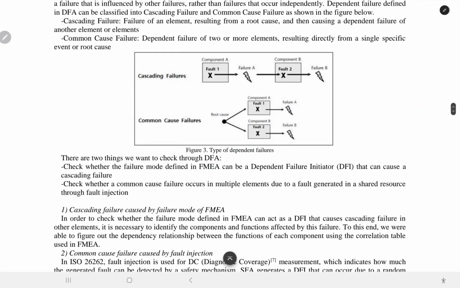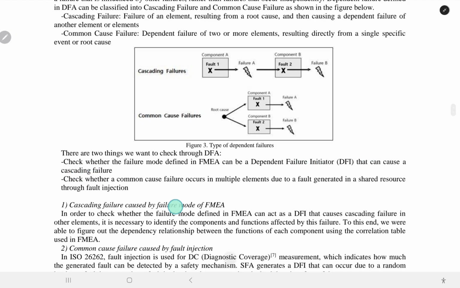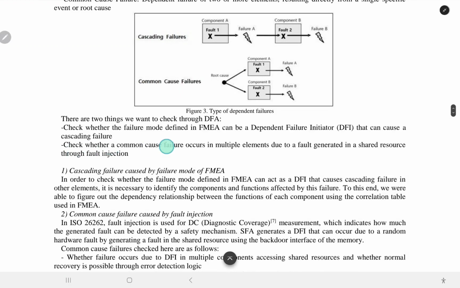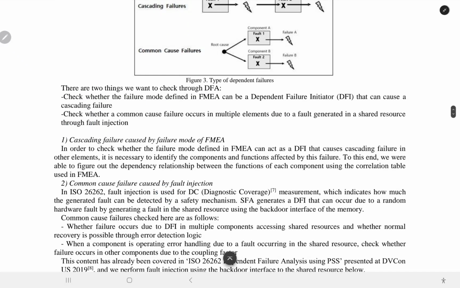There are two things we want to check through DFA. First, check whether the failure mode defined in FMEA can be a dependent failure initiator, DFI, that causes a cascading failure. Second, check whether a common cause failure occurs in multiple elements due to a fault generated in a shared resource through fault injection. First one, cascading failure caused by failure mode of FMEA.